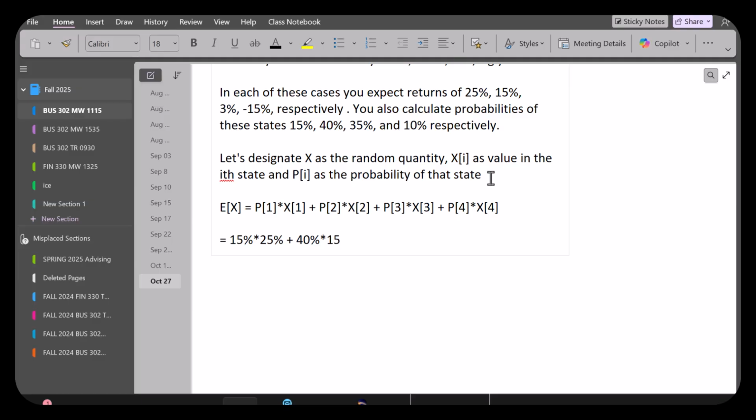And the third one is a probability of 35% and return of 3%. And finally, probability of 10% times negative 15%. So that would give me 9.3%.